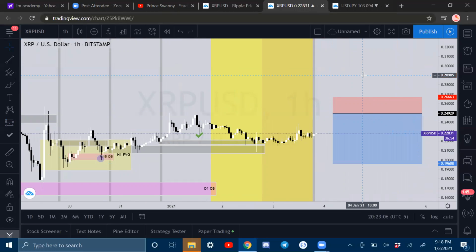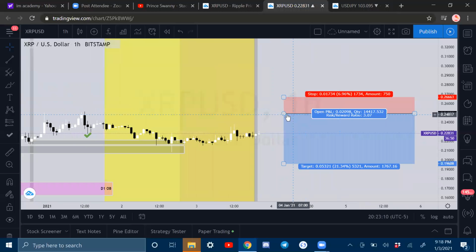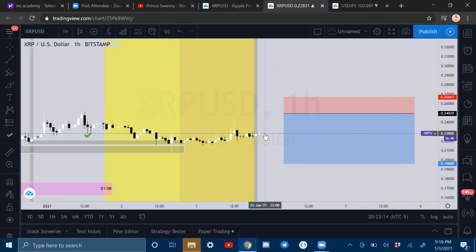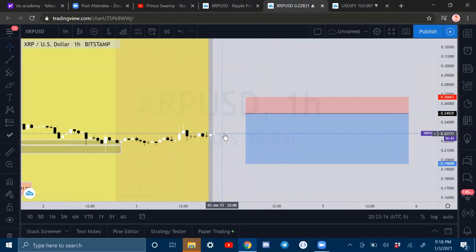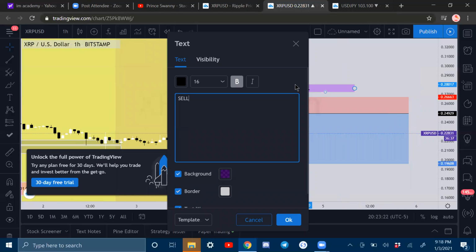Price is not where I'm looking for it to go. Sorry, let me rephrase that. At the moment, price isn't where I'm looking to sell it. So let's indicate first what type of trade this is. Say a sell situation. And in this case, it's a sell limit.